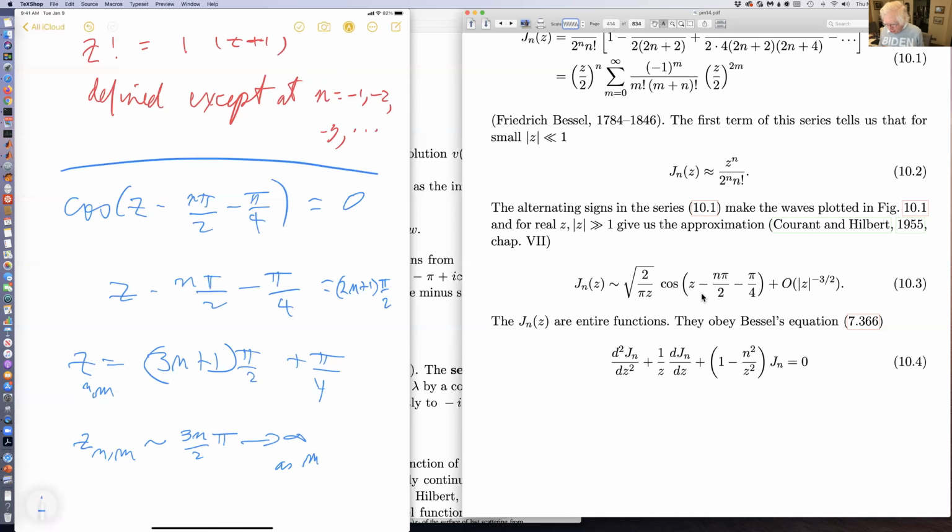Oh, here's an m. So, all right, I screwed up here. Let's get out the trusty eraser. This thing then is 2m plus n plus pi over 2.